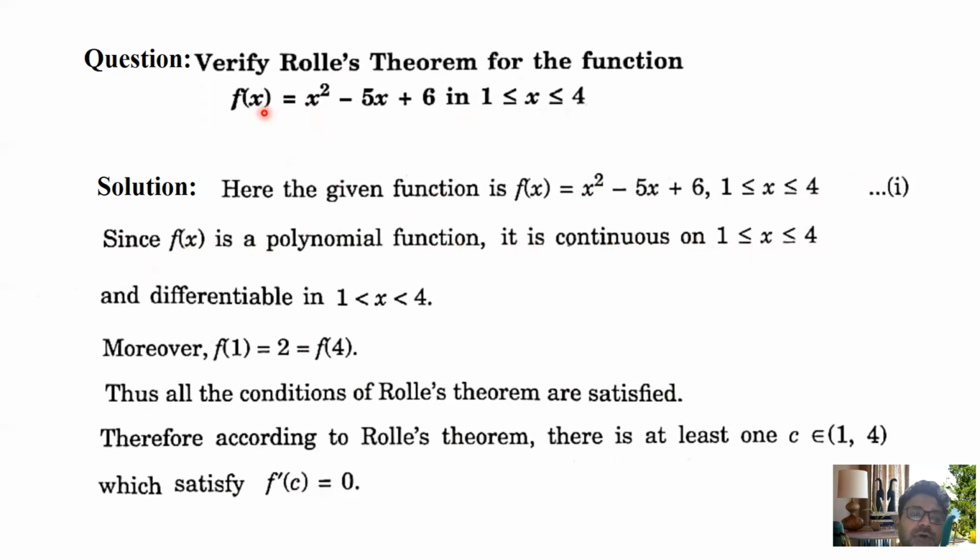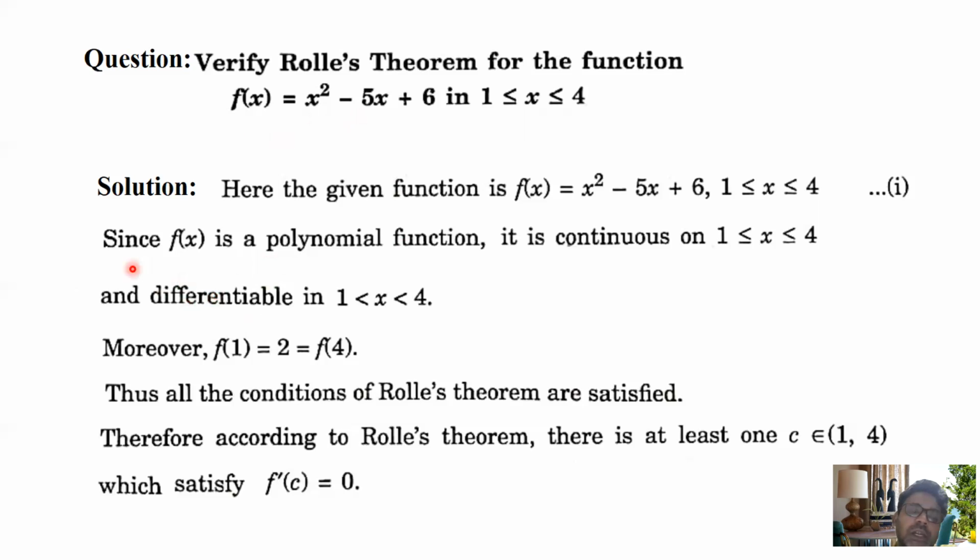And this function f(x) is also differentiable in the open interval. Suppose you have a question in your mind, sir, suppose you differentiate this, what is your f'(x)? f'(x) is 2x minus 5. Is there any discontinuity? No. So from here it is clear, just remember this: a polynomial function is always continuous, always.